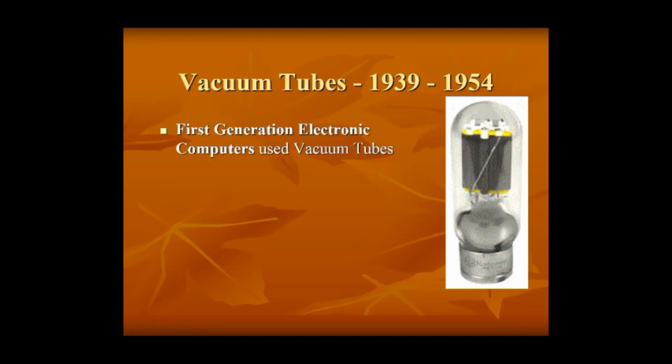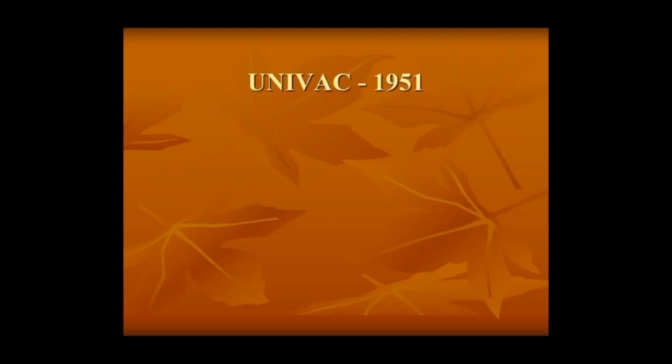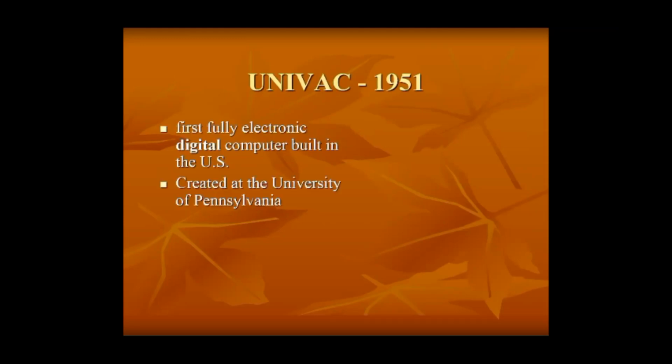Again, this is the first generation electronic computer that uses vacuum tubes. The vacuum tubes are glass tubes with circuits inside. The vacuum tubes have no air inside of them, which protects the circuitry. So the UNIVAC in 1951, class, actually, this is the first fully electronic digital computer that is built in the United States.